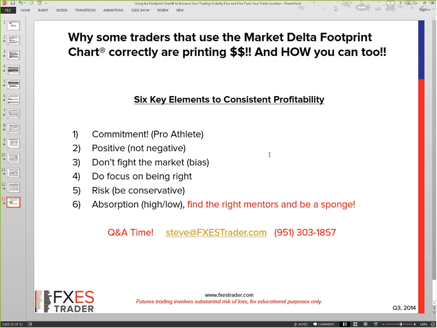So, anybody got any questions? I want to try and keep it to an hour here. Anybody got any questions on anything? I addressed the question on incomplete auctions. I think somebody had a question on net delta, but that's calculated at the bottom of the chart.